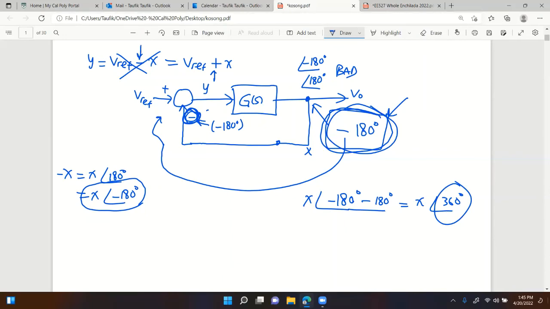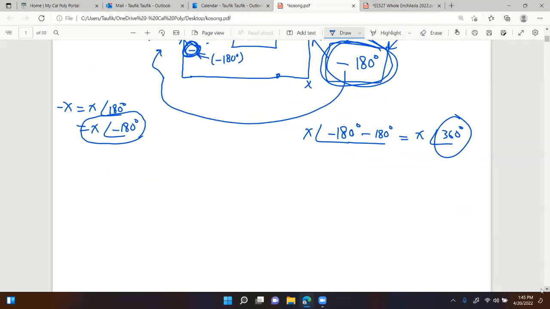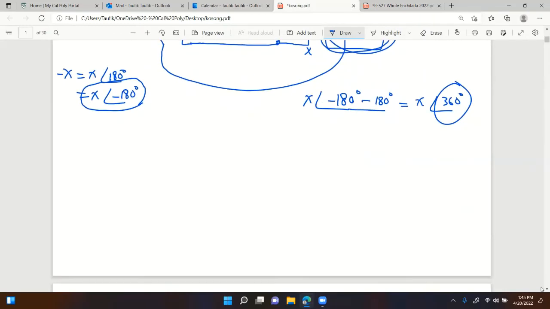You remember this from 302? In fact, do you remember the equation for phase margin and gain margin? Gain margin is defined in Bode plots as 0 dB minus, what is it, minus the phase angle at crossover frequency.